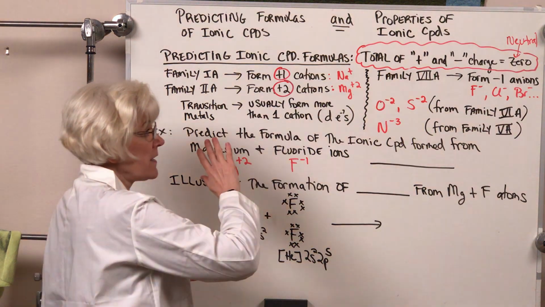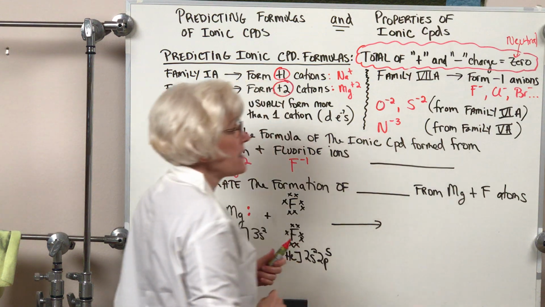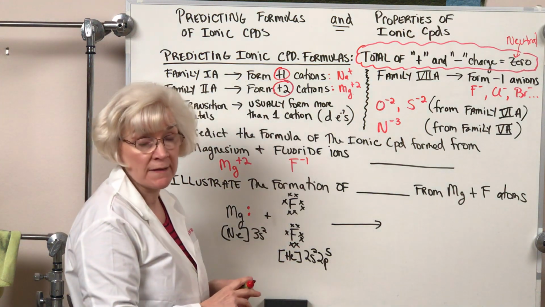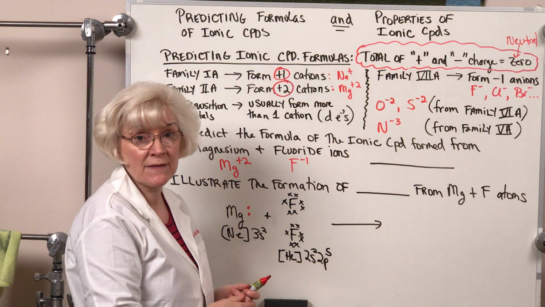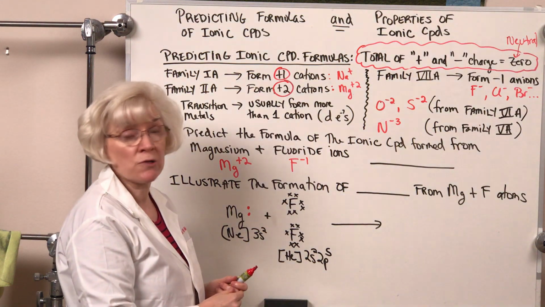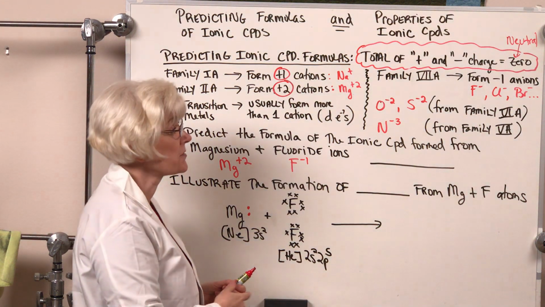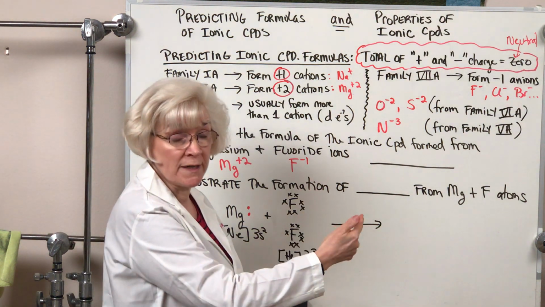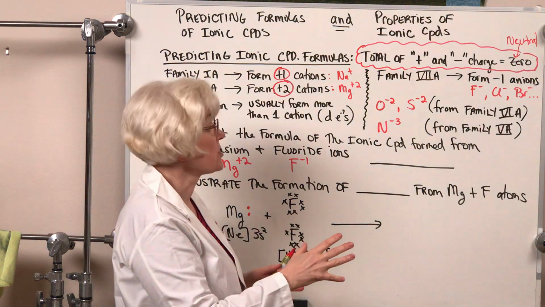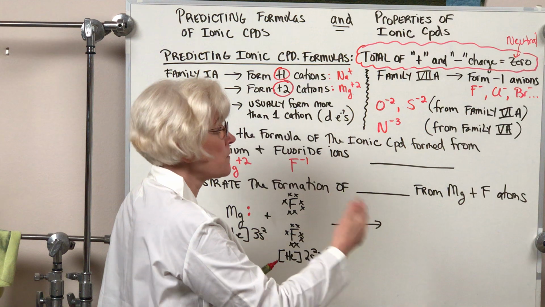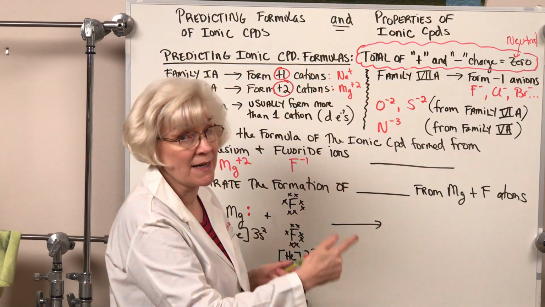If we go to the nonmetal side, we see the halogens, family 7A, with those 7 valence electrons, just like we saw with chlorine's reactivity in forming sodium chloride. The halogen family wants to gain 1 electron in order to achieve an octet in their valence shell. And so the halogens will form -1 anions when they are in ionic compounds.